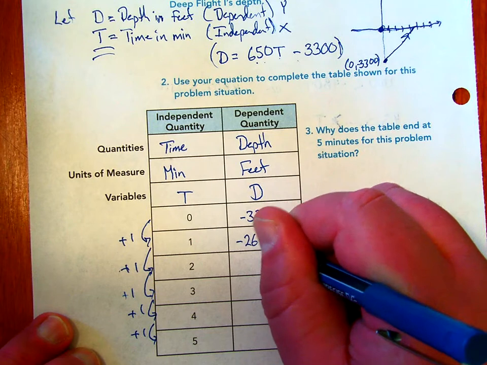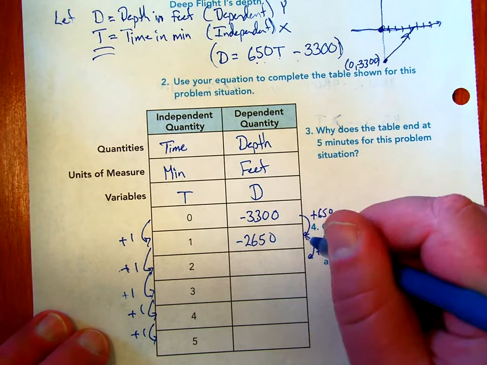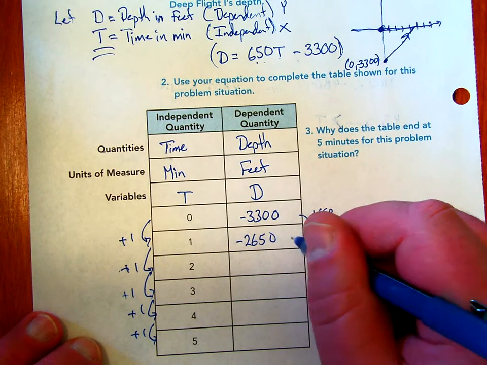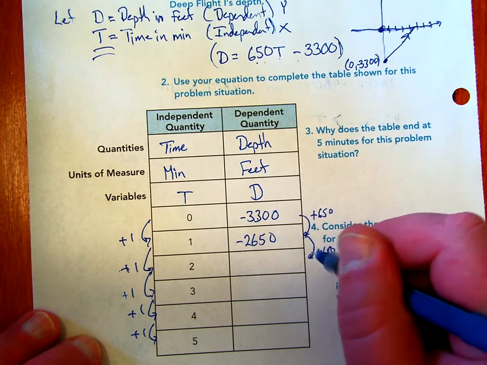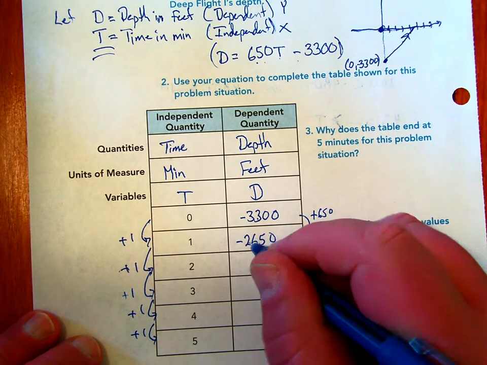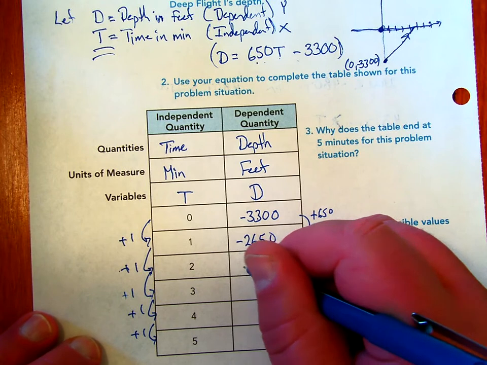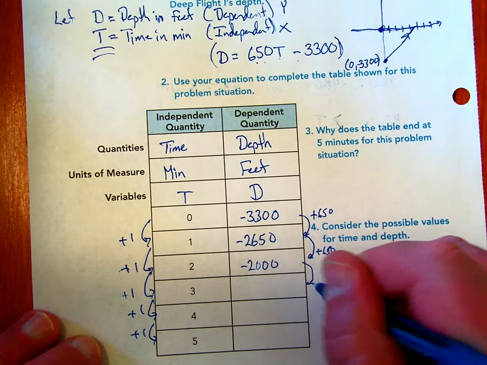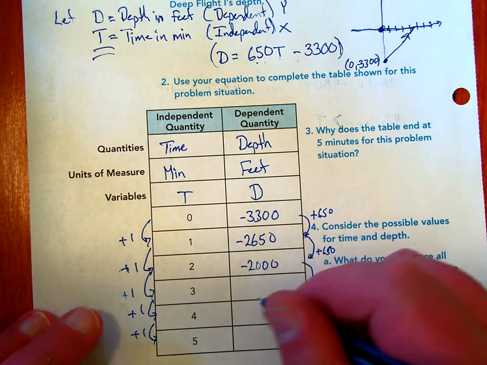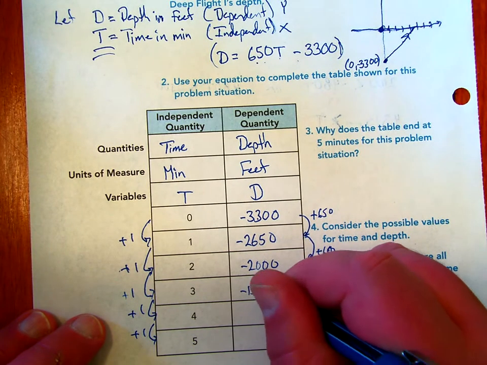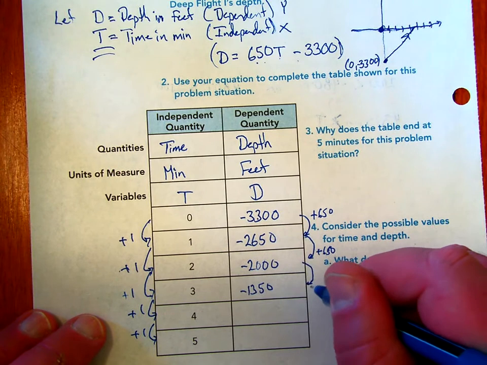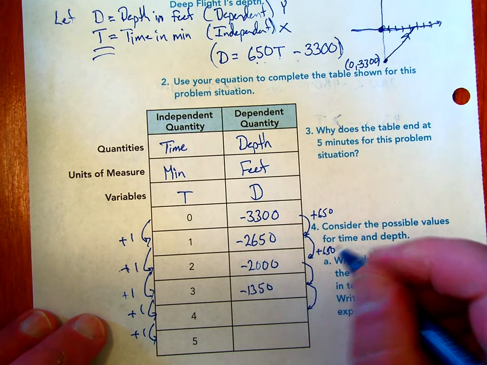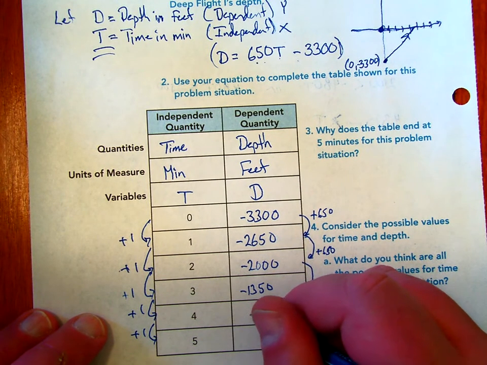So we came up that amount. We came up 650 feet. We're getting closer to 0. And we come up another 650 feet, and now we're 2,000 feet below the ocean. We come up another 650 feet, and now we're 1,350 feet below. We're getting closer to the surface. We go another 650 feet, and now we're at 700 feet below sea level.